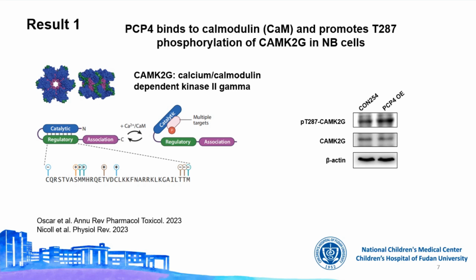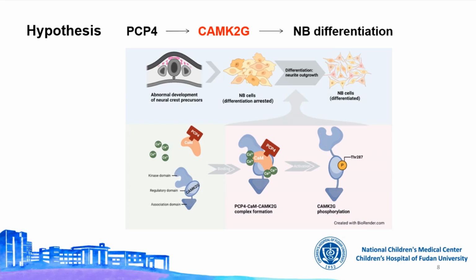Here, we show that PCP4 overexpression upregulated the threonine 287 phosphorylation of CAMK2G in neuroblastoma cells. These results lead us to hypothesize that PCP4 may affect neuroblastoma differentiation by activating CAMK2G.